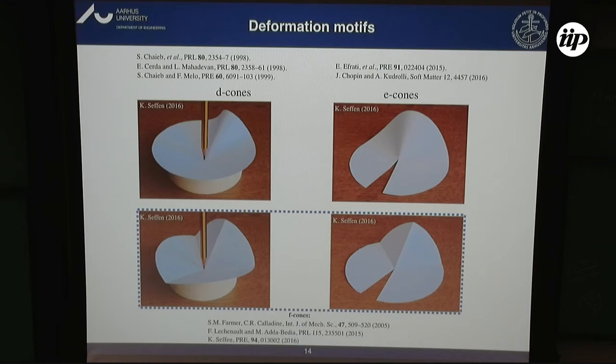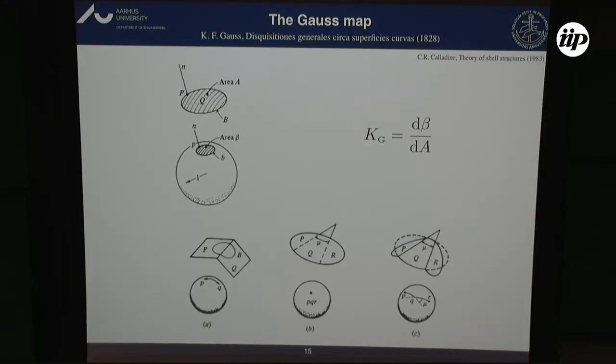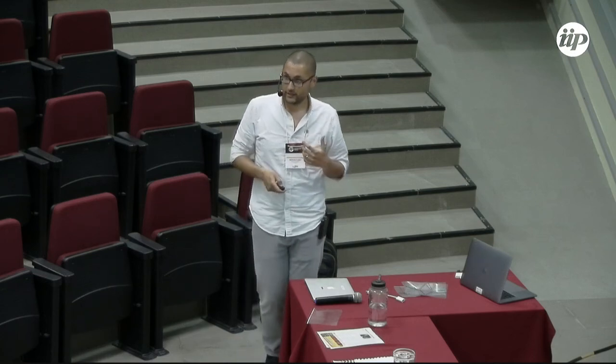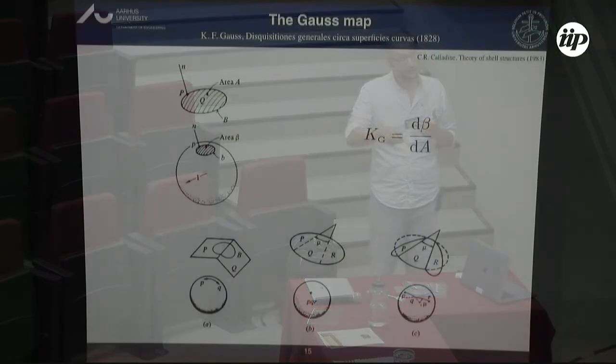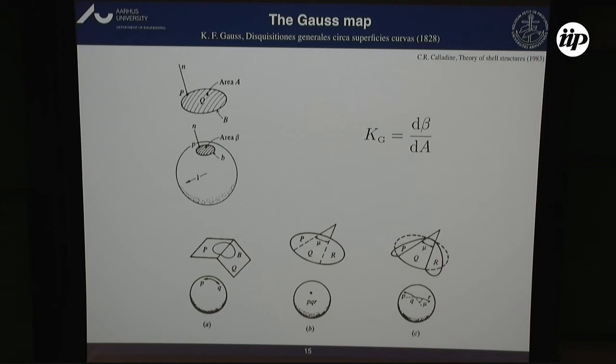In order to say something quantitative, I'm going to use the Gauss map, which basically takes the normals of a surface and maps them onto the unit sphere, and then you can show that the Gaussian curvature is proportional to the solid angle, the area traced by the path of these normals.